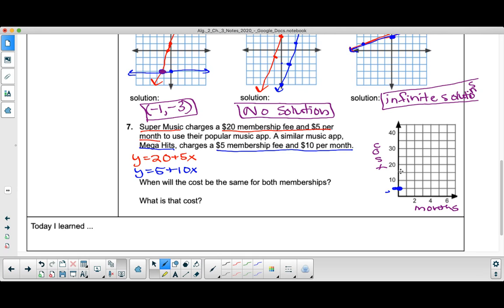So up $10 over 1 month, up $10 over 1 month, up $10 over 1 month, and up $10 over 1 month. All right, so there's our line to represent cost for Mega Hits.